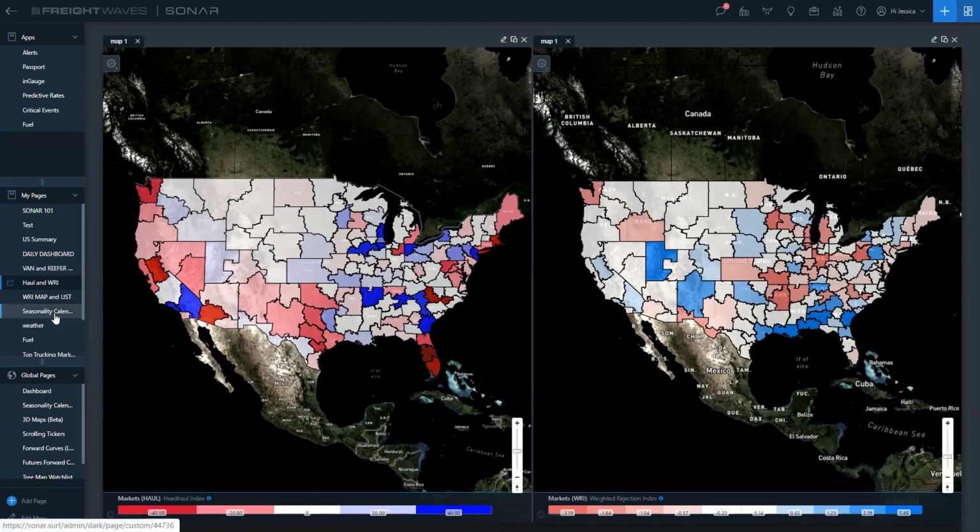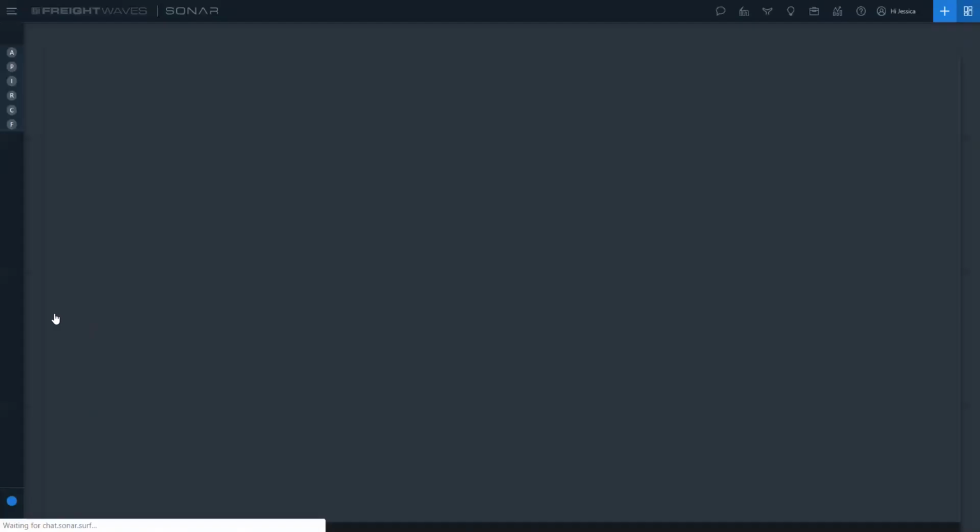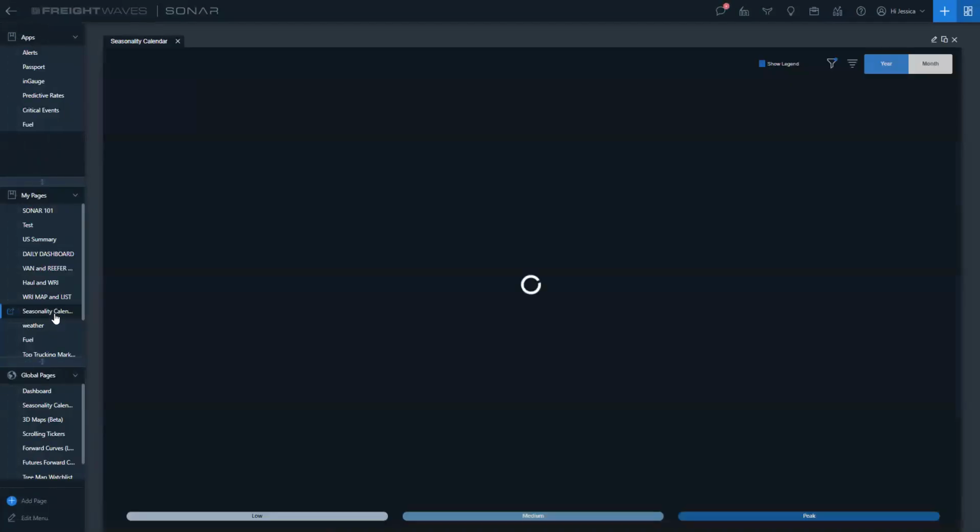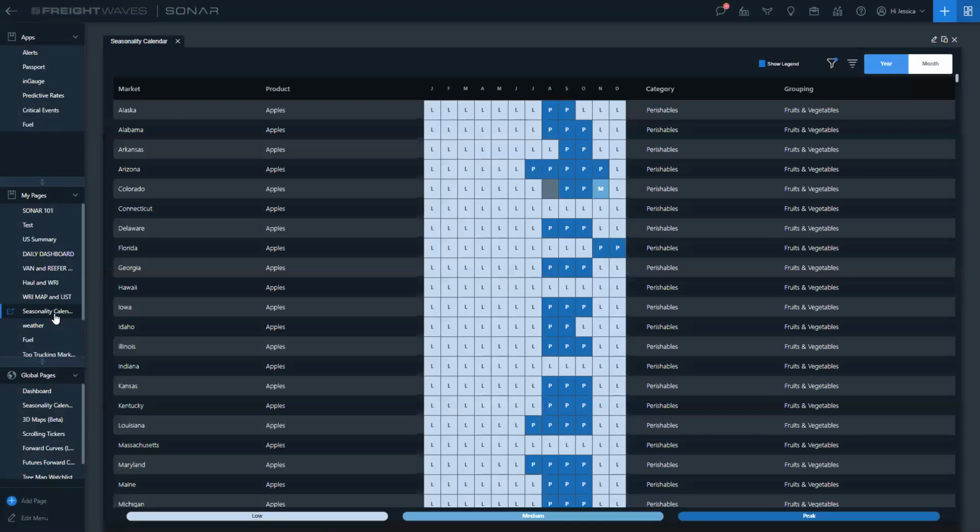The last thing I'll cover before leaving is our seasonality calendar, identifying what perishables are in peak season and when. It takes a little bit to populate, but we have all of our markets or states on the left-hand side, and the product, which is under the perishables category. We have fruits and vegetables, herbs, and Christmas trees as of right now.